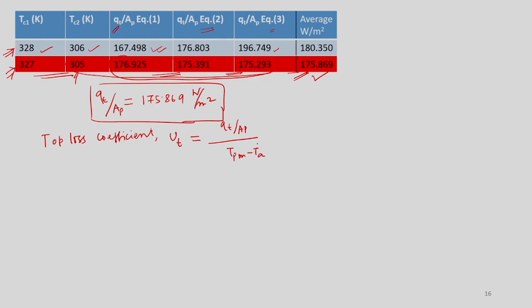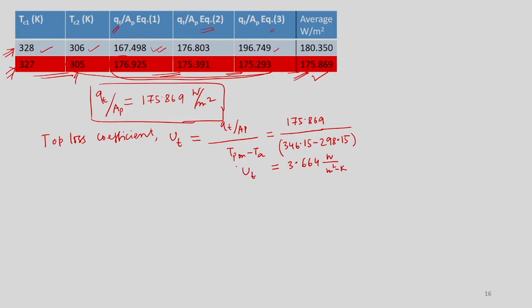So, this value is 175.869 over TPM, and TPM was 346.15 minus 298.15. Okay. So, once you do this calculation, then what we will get is the value for UT, which is nothing but 3.664 watt per meter square Kelvin.